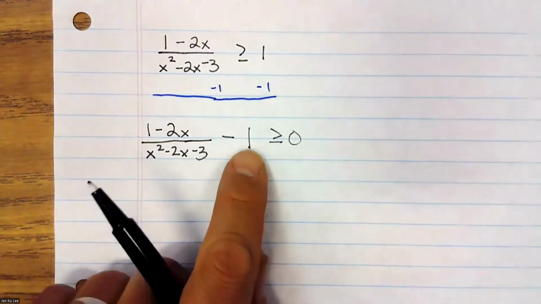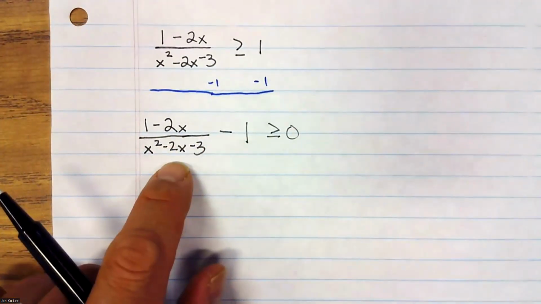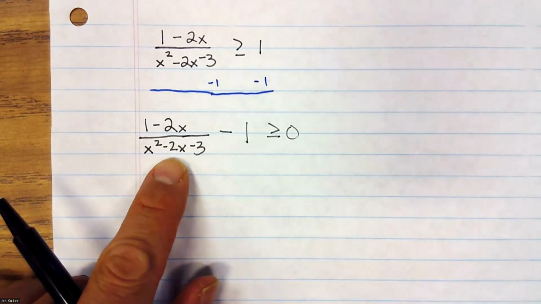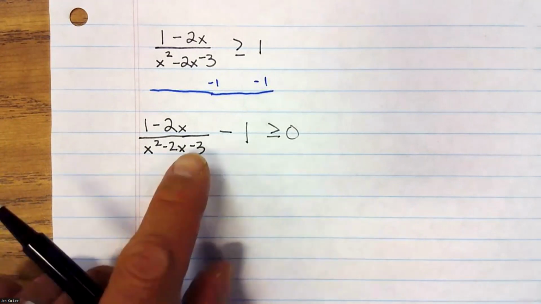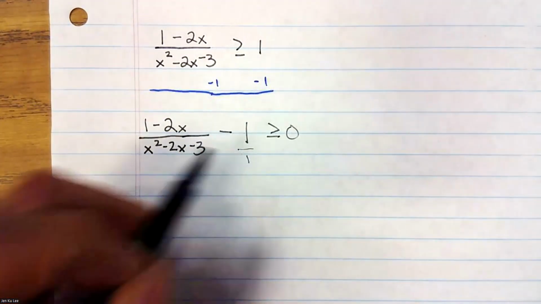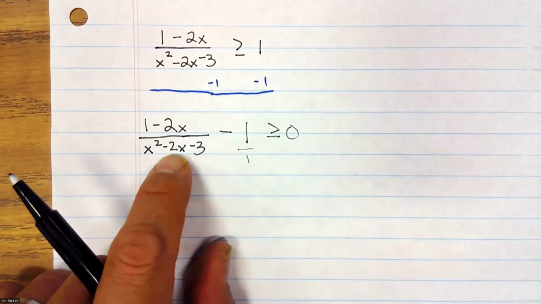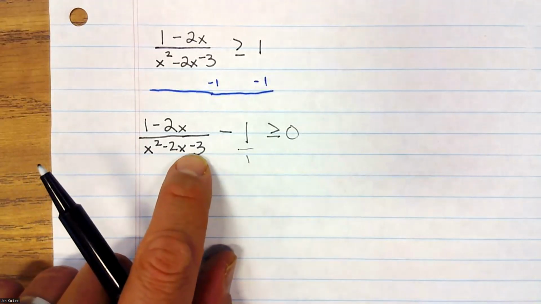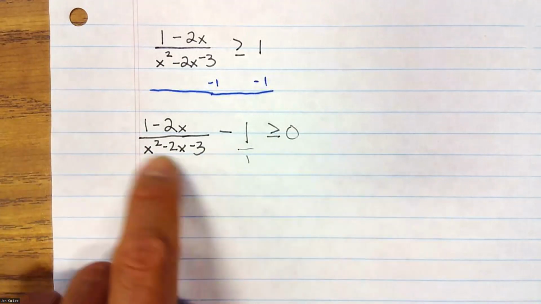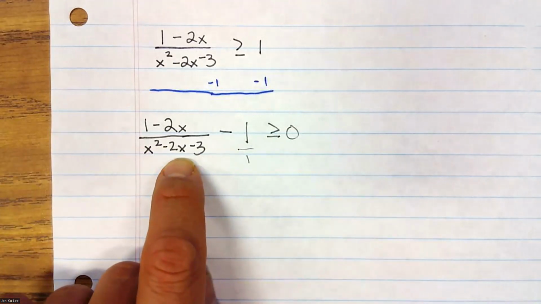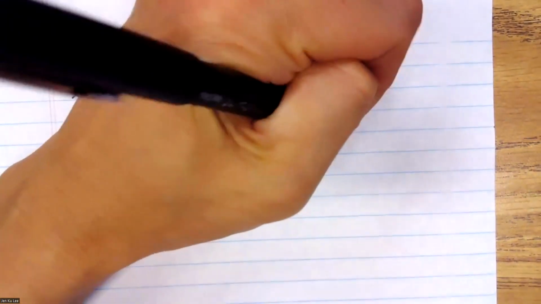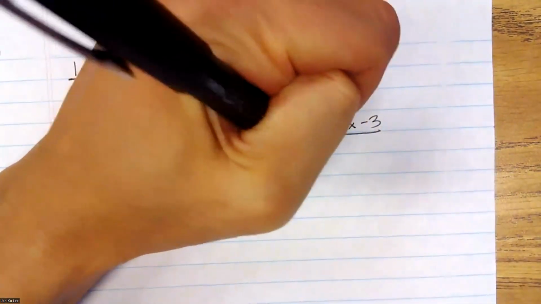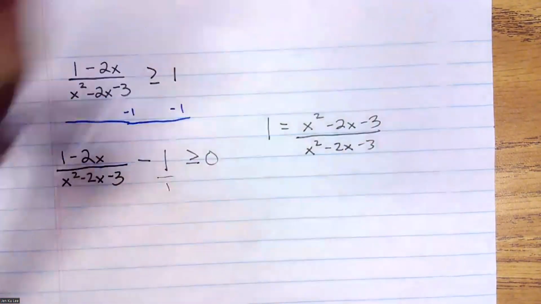Now this minus 1, I have to put it in this fraction, essentially. So I have to get my common denominator. What is my common denominator between 1 and x squared minus 2x minus 3? Remember that 1 equals (x squared minus 2x minus 3) over (x squared minus 2x minus 3).